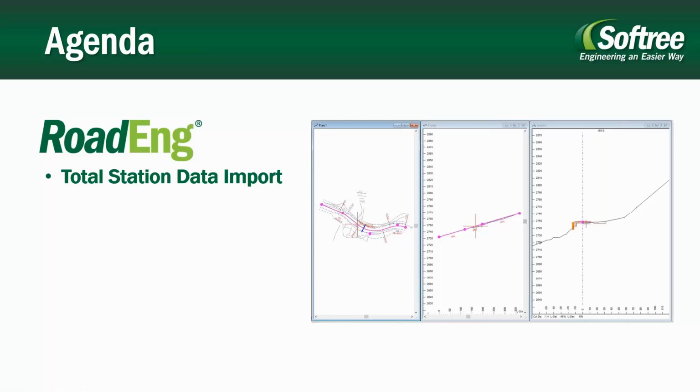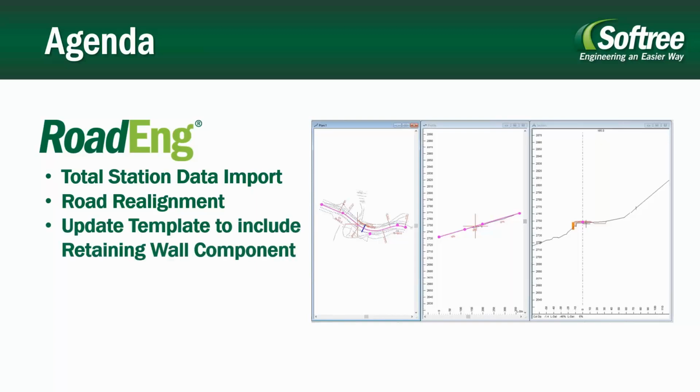Emmanuel, our applications engineer, will be demonstrating, starting with how to import a project's total station data, showing you how a road realignment gets done, updating the template to include retaining wall components, which will be part of your bridge site design.